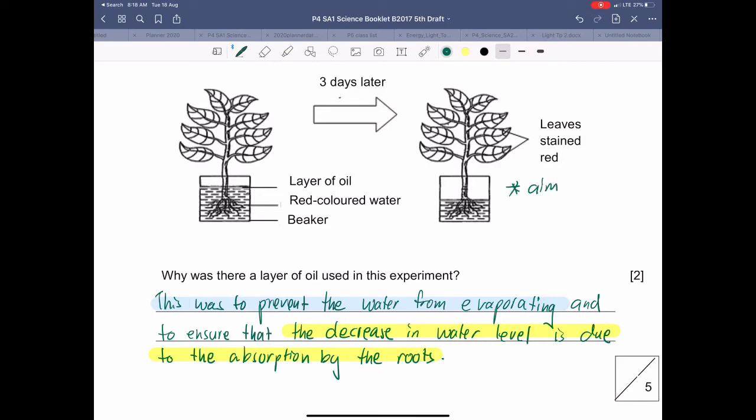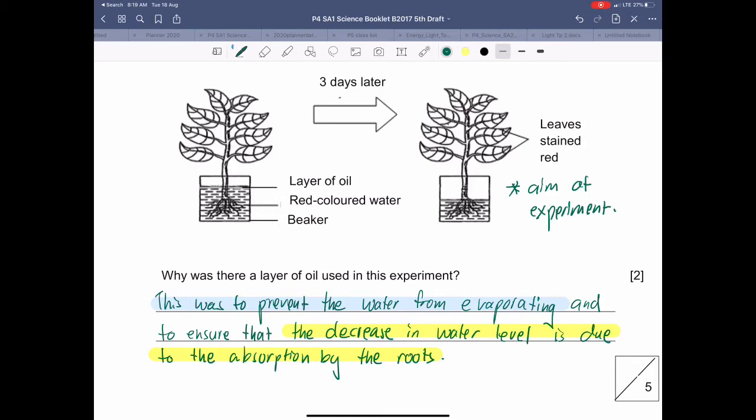by understanding the aim of the experiment, you would be able to understand what needs to go into your answer. Because the aim of the experiment is for the water to go up to the leaves via the absorption of your roots. So if let's just say the water gets evaporated, you don't know whether the leaves turn red because of some pigments from the surrounding air.